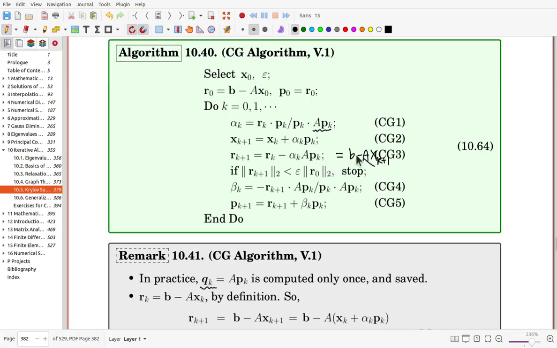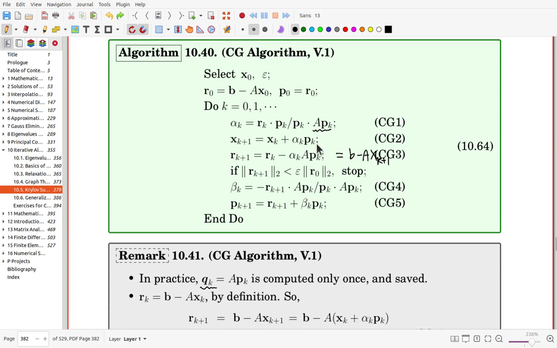Now, if you try to get the residual by using the original formula, then it requires another matrix-vector computation. It's expensive, so we'll try to use this formula. Of course, they are the same. We see that quite easily.